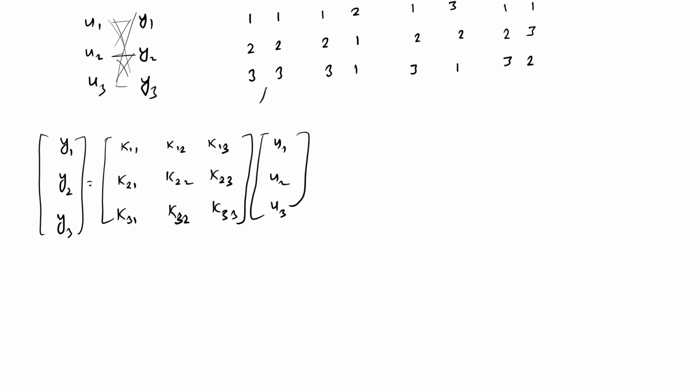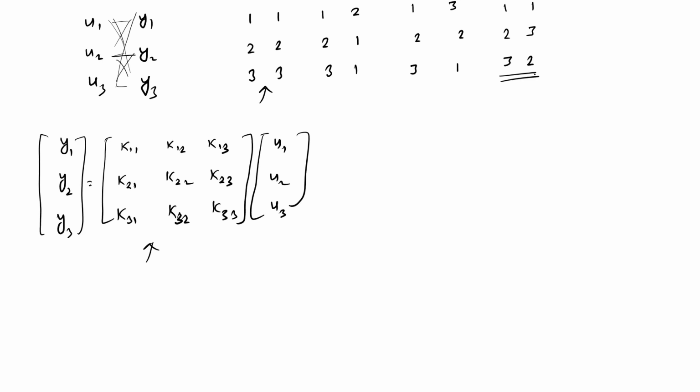For this pairing, the relationship is here, and therefore the Niederlinsky index would be the determinant of this matrix divided by k11, k22, k33, the terms that come on the main diagonal. Let's take some other pairing. Maybe we'll take this pairing.